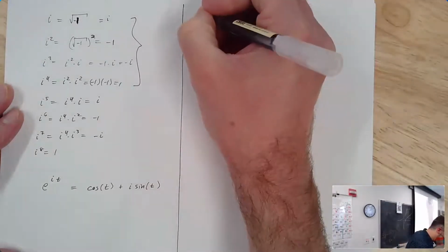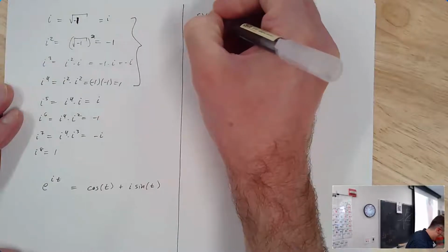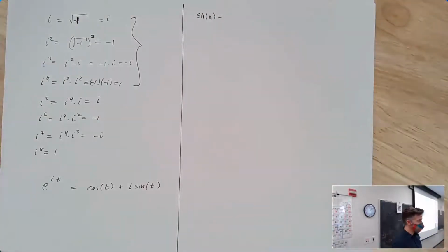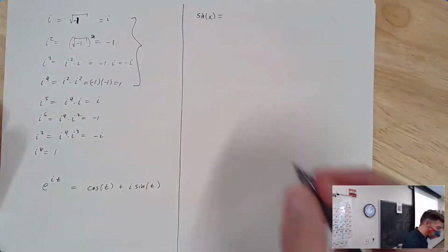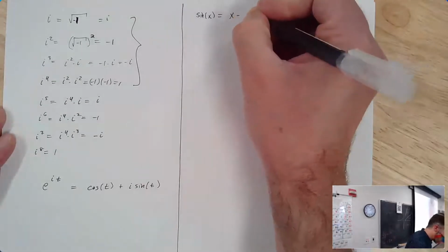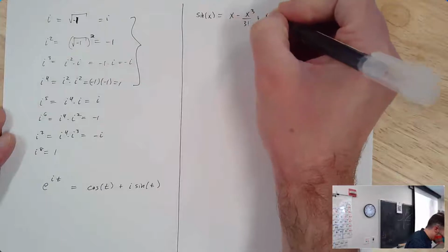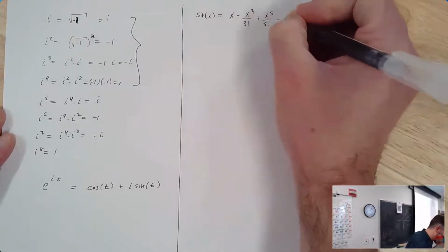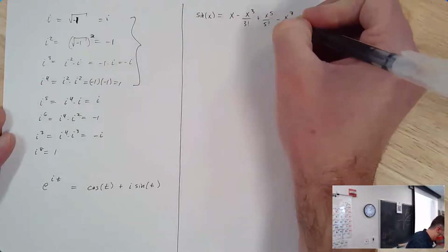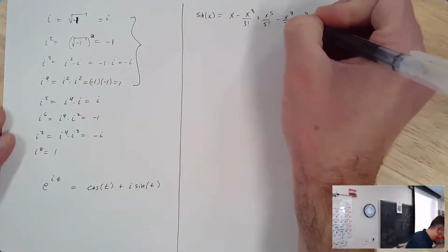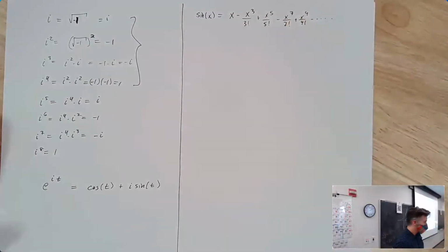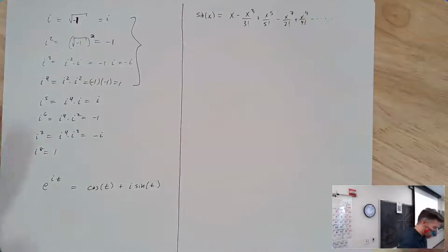You might have learned that there's an infinite expansion for sine of x, and it looks like this. x minus x cubed over 3 factorial. You don't need to write this down. You can if you want to, of course. This goes on and on and on, forever. And there's one for cosine of x as well.